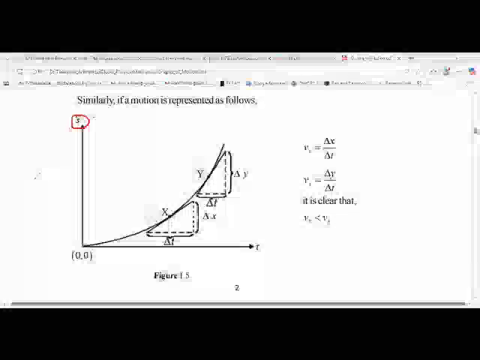Pay attention to the y-axis. It's the same case here.